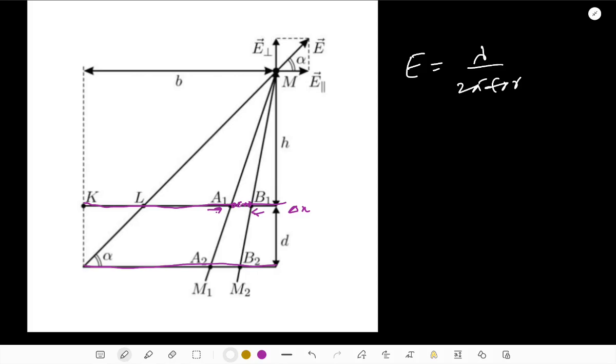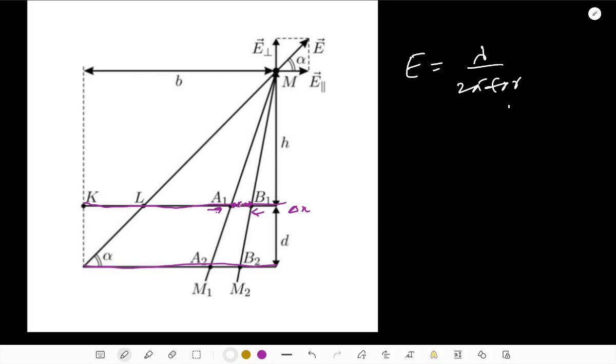This is an infinitely long wire, and we know for the infinitely long wire the electric field is in this direction, and its value is given by this statement. So I'm trying to use this. This is a bit messy, but you have to be imaginative all the time solving this problem.